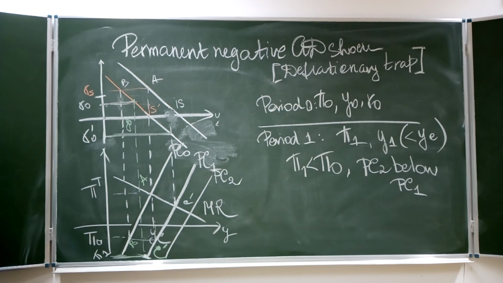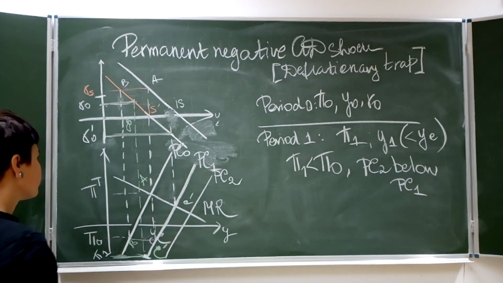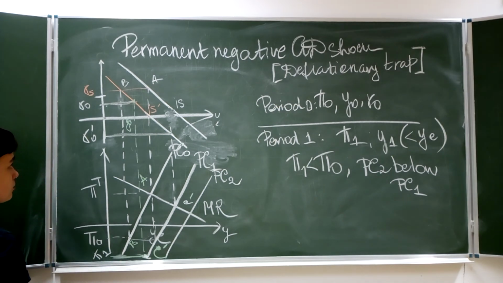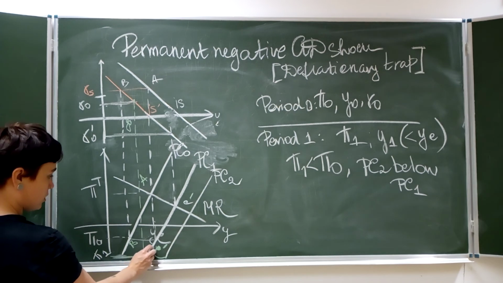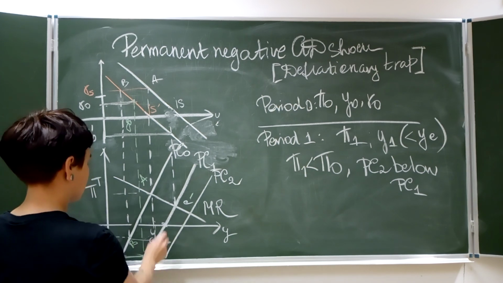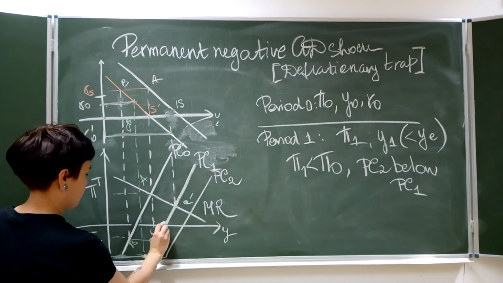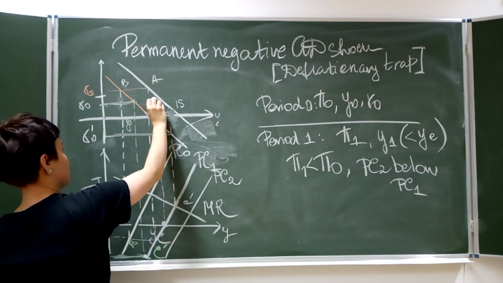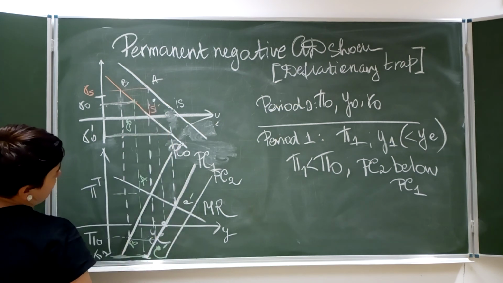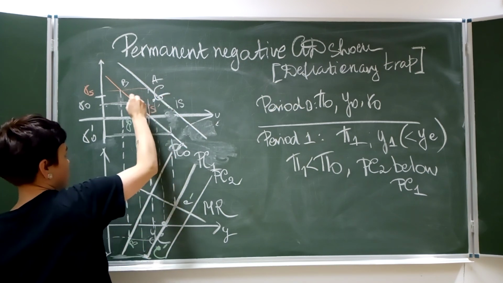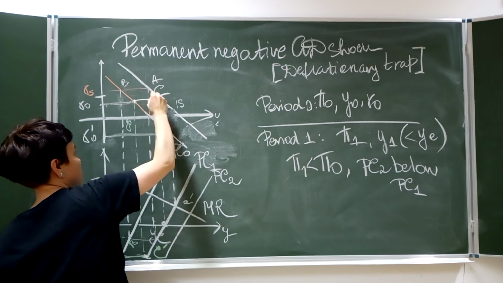So the deflationary trap is not possible to overcome by means of monetary policy. Let's say the government decides to intervene in period C, in order to have at least zero inflation in period C. Then it shall be somewhere here. And obviously this is not about monetary policy anymore, this point G. It's about intervention of the government.